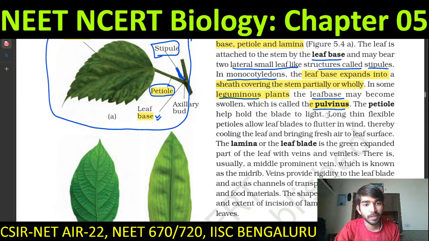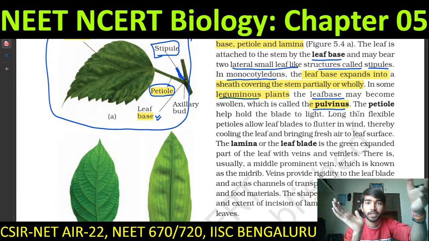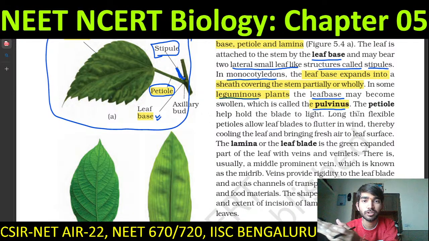Petiole helps hold the blade to light. A long, thin, flexible petiole allows the leaf blade to flutter in the wind, thereby cooling the leaf and bringing fresh air to the leaf surface. So this is very important for the leaf to move freely. Otherwise, if the leaf is stuck like this and the sun is moving in some other direction, then how will it receive the maximum amount of sunlight for photosynthesis, right?